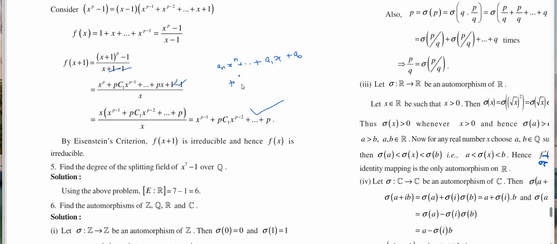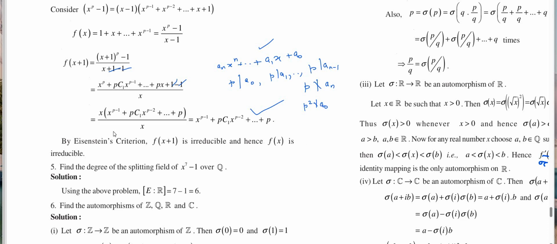If there is a prime number p which divides a naught and p divides a1 and so on, p divides a suffix n minus 1, but p should not divide a_n, and p square should not divide a naught. So if we have these conditions to be true, then the given polynomial is irreducible by Eisenstein criterion.